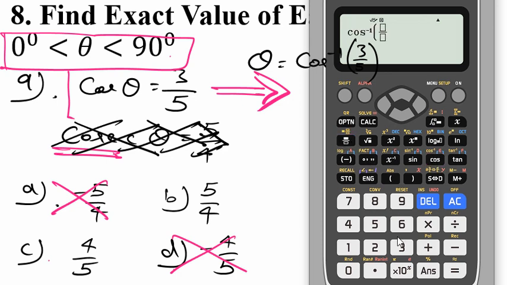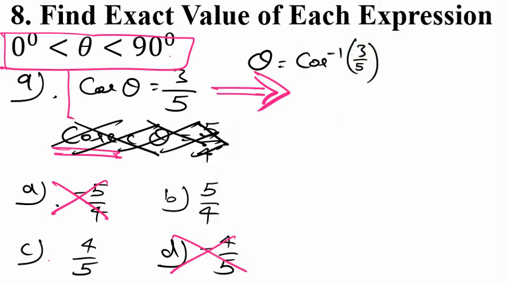Now use 3 divide 5. And we are getting 53.13. So theta is equal to 53.13 degrees, right?